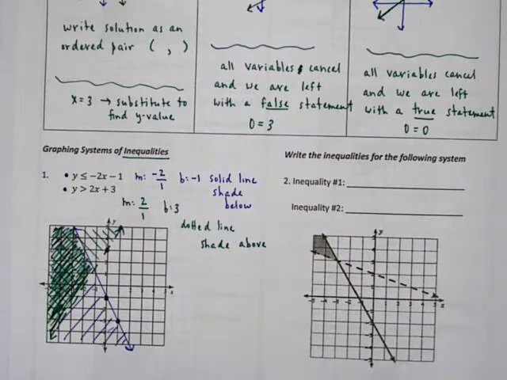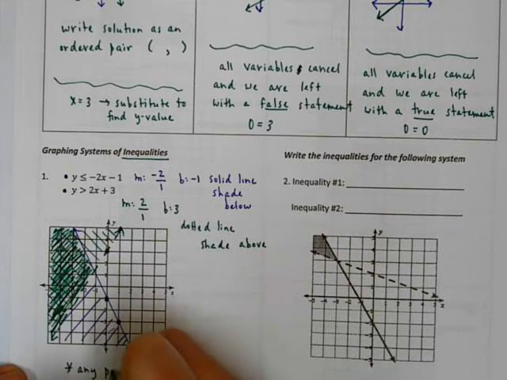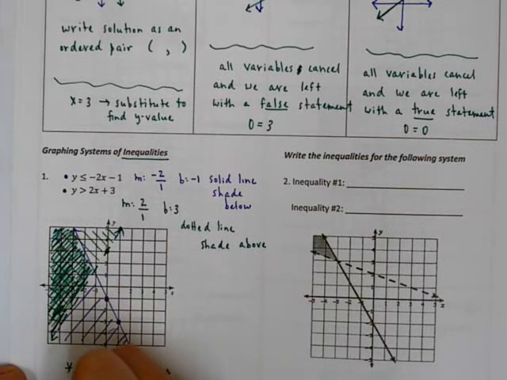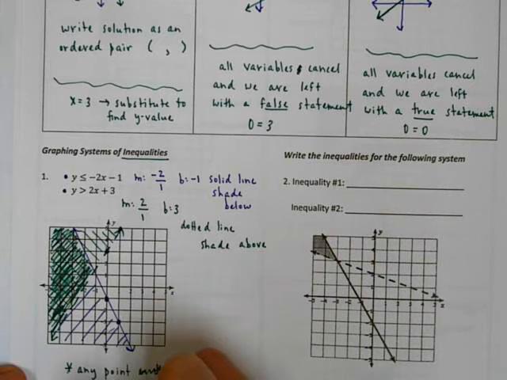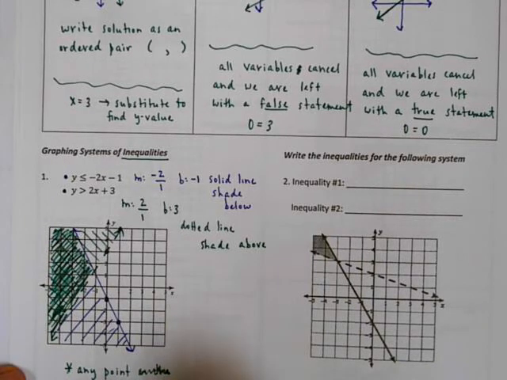And remember, the big idea here is that any point where the shaded areas overlap makes both inequalities true.